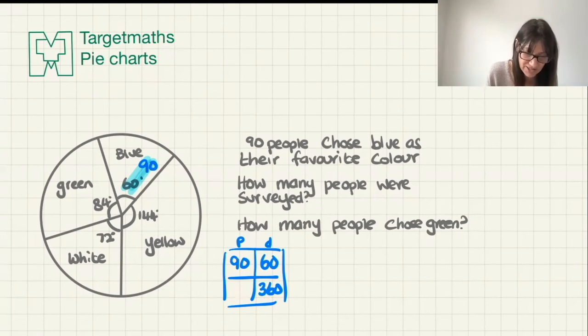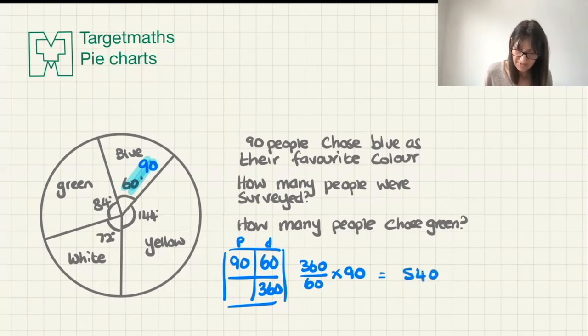So now I can just set it up, knowing the rules of boxes and labels. 60 is going on the bottom, that's the track number. I can put these in any order I like. I can throw that in the calculator and it will give me 540. And to be honest, that one is something that you could do without a calculator fairly easily as well, because 360 divided by 60, might as well show this.